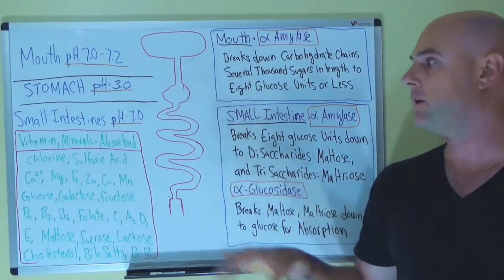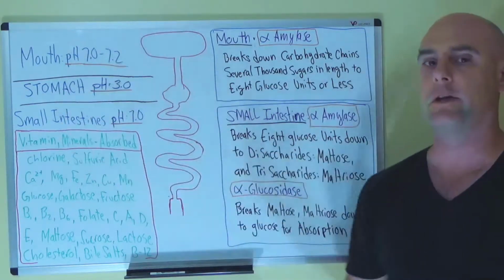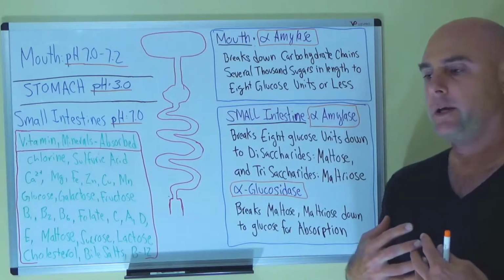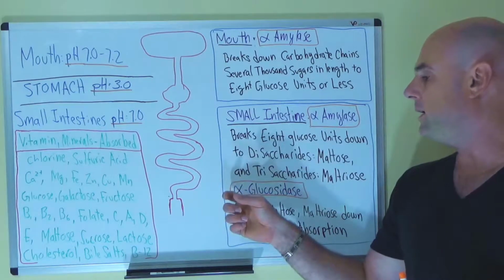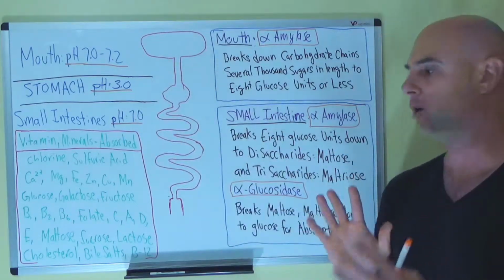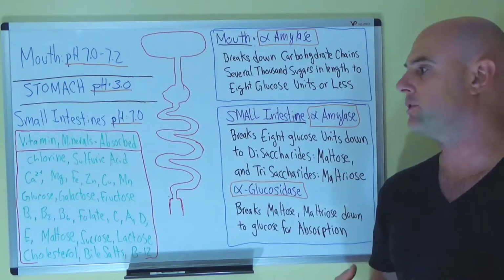These are all absorbed from our food by the small intestine. So it's got a big job here. In my opinion, when we absorb glucose through the small intestine, it helps us also absorb these other critical minerals and vitamins.